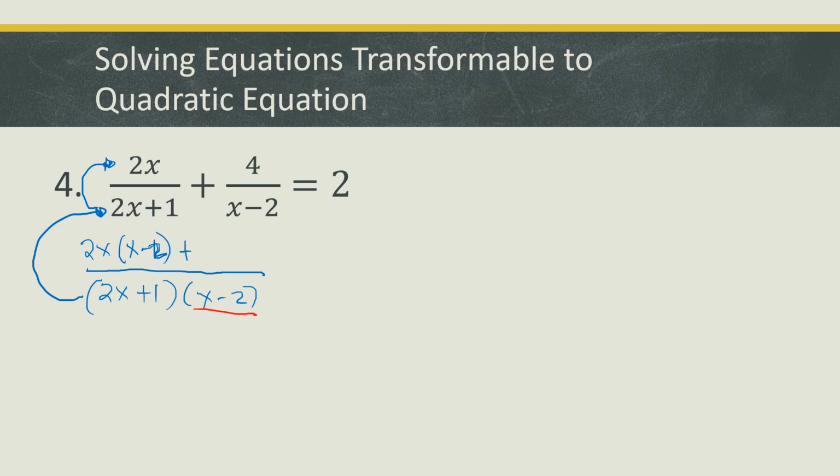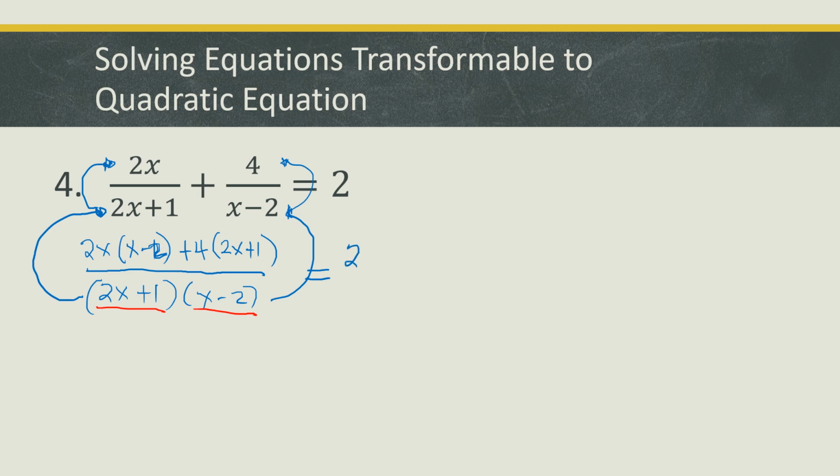plus, divide it to the denominator of the second term, and that will give us 2x plus 1. And now we will multiply it to the numerator 4. And that is 4 times 2x plus 1. Equate it to 2.